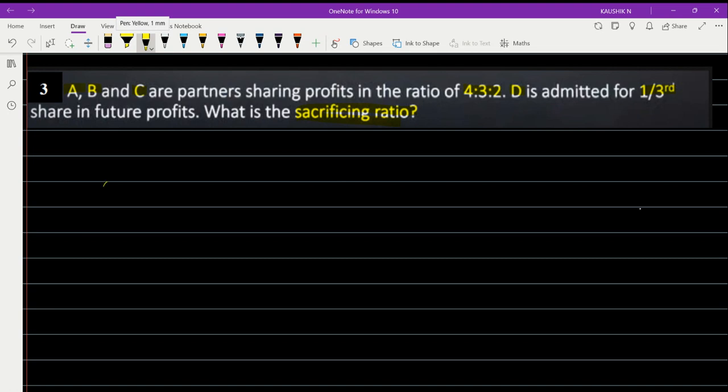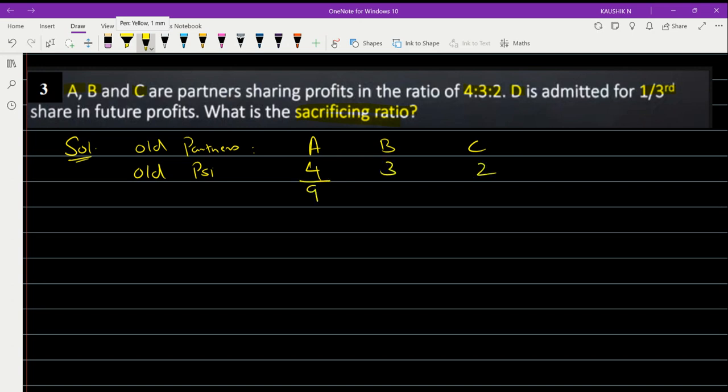Okay, so how many partners are there in this case? Initially, three partners. So let me take the old partners A, B, and C. What is their old PSR? Their old PSR is given as 4 is to 3 is to 2.